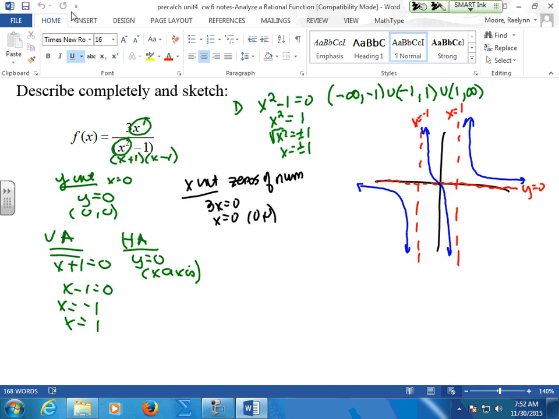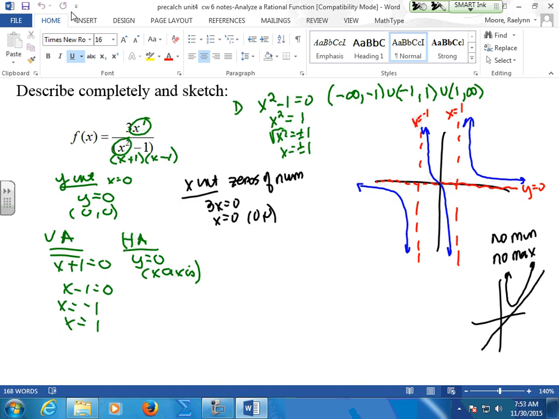Okay. Again, we have no mins and no maxes. There's no min, there's no max here. You will eventually see a graph that goes like this. Sometimes we have a slant asymptote that goes through here. We're not doing that today though.